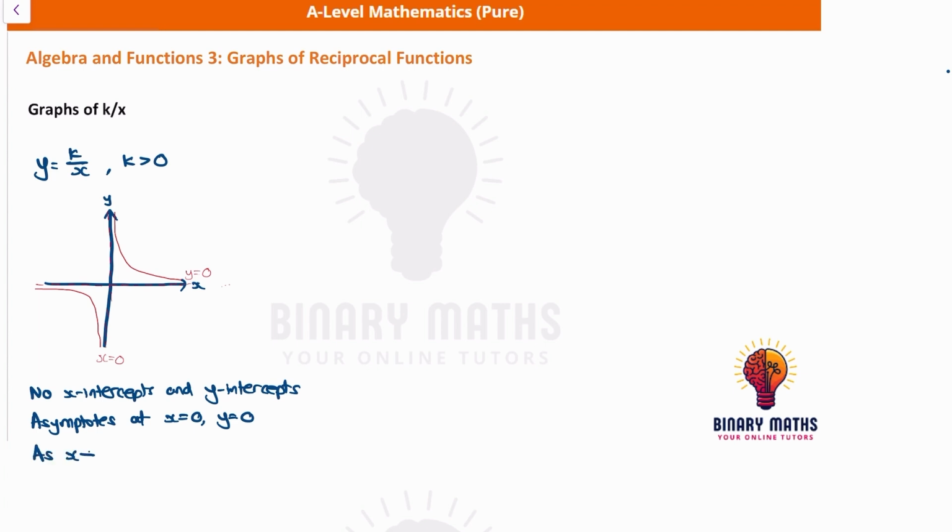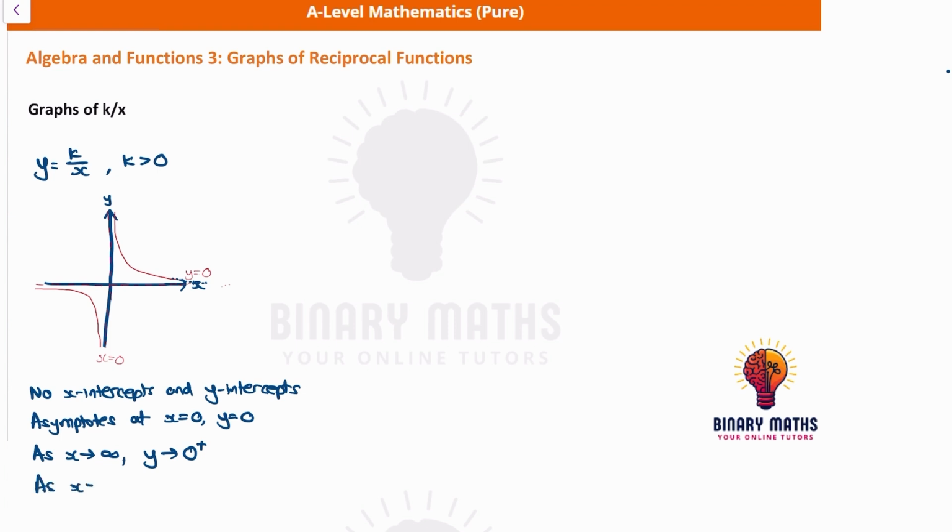As x tends to positive infinity, which means as x gets very, very large, you can see y is getting closer and closer to 0, but the number it is getting closer to is always positive. It's getting closer to 0, but it's always positive, in the positive part of the graph.